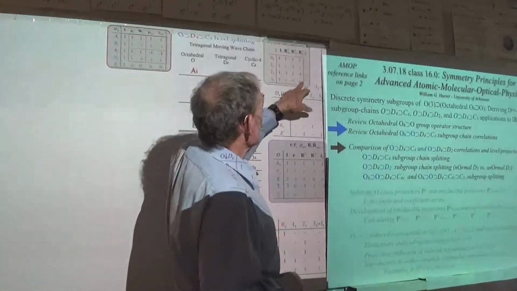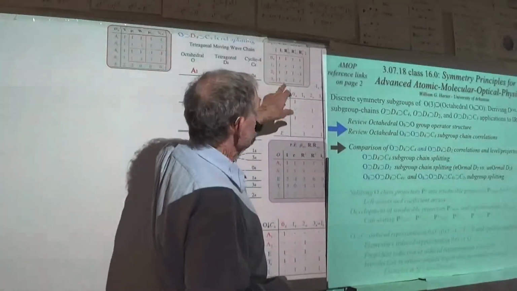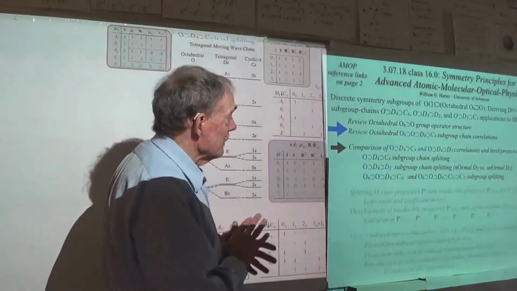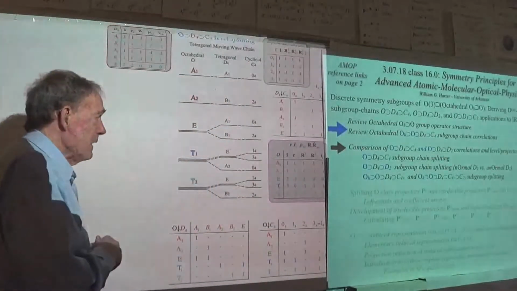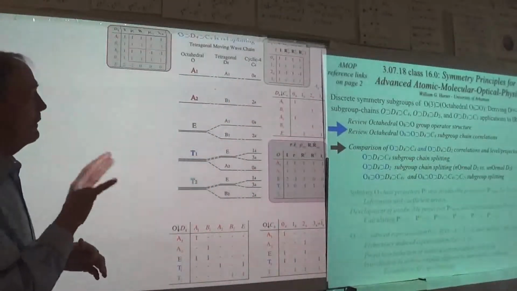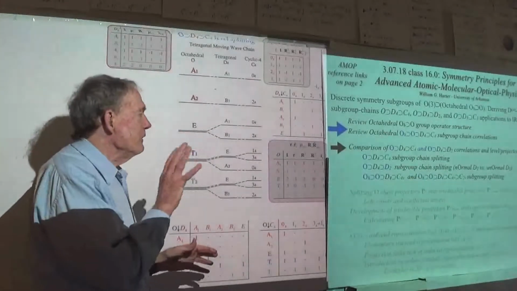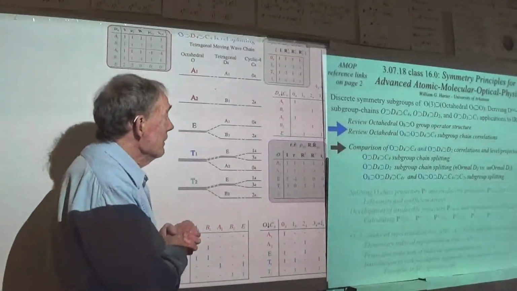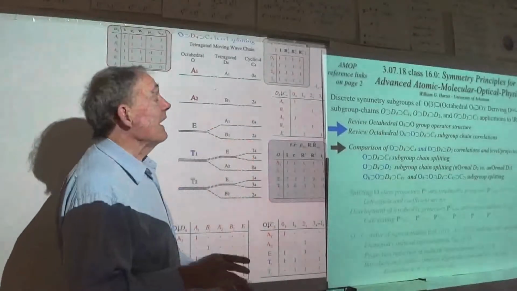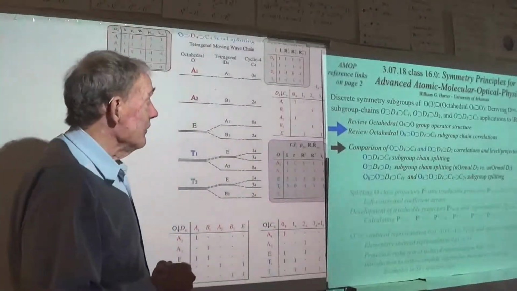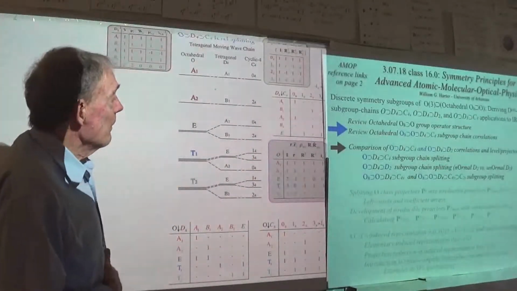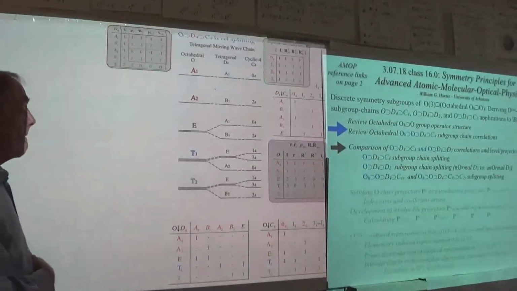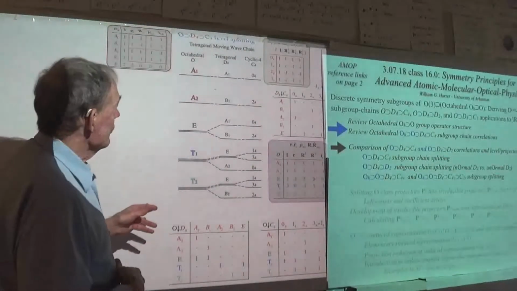The C4 characters right here have 2 imaginary ones. So that's one of the things we're going to encounter today: a C-type, a current-carrying, moving wave type mode that has complex wave functions and eigensolutions, in this case with i's and minus i's.